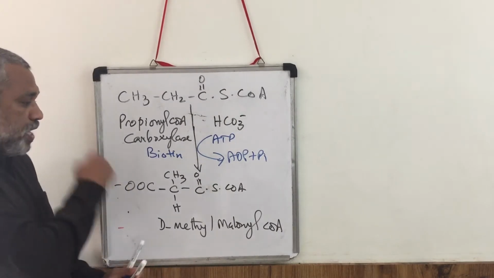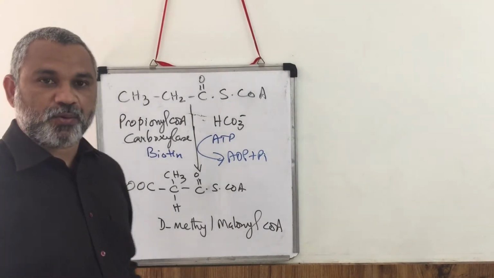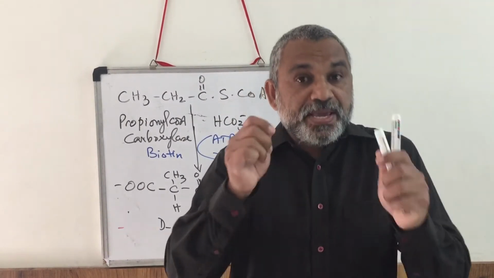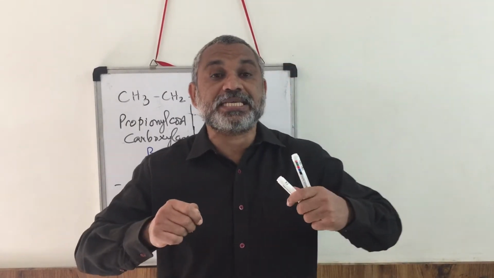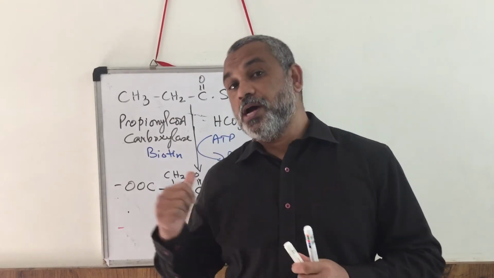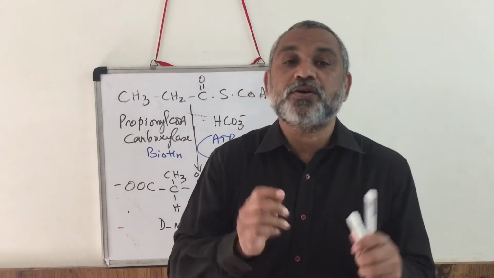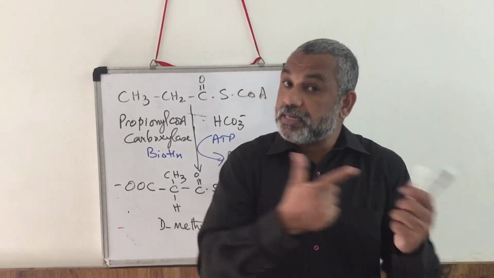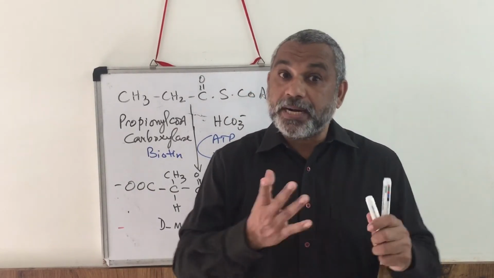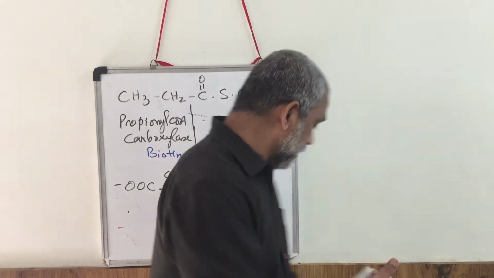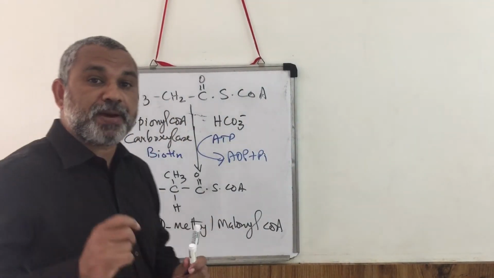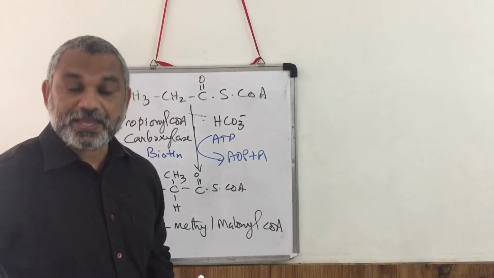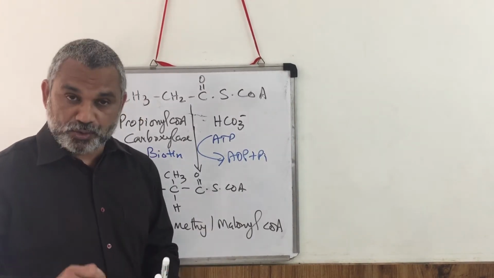So once you have D-methyl malonyl-CoA, now there is a problem. D-methyl malonyl-CoA cannot be directly converted to succinyl-CoA because there is no enzyme which can convert D-methyl malonyl-CoA to succinyl-CoA. So what we do is the D-methyl malonyl-CoA is converted to its epimeric form, that is L-methyl malonyl-CoA.